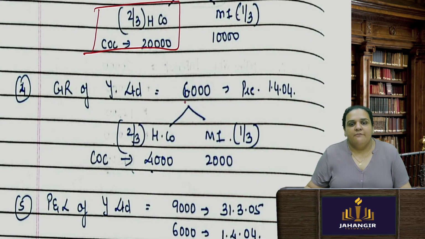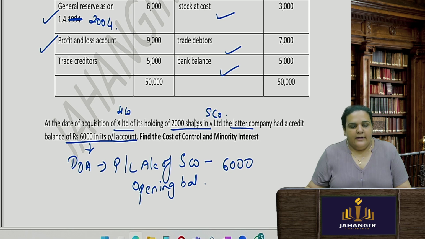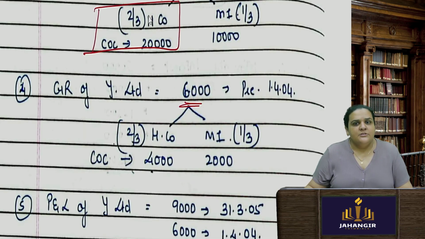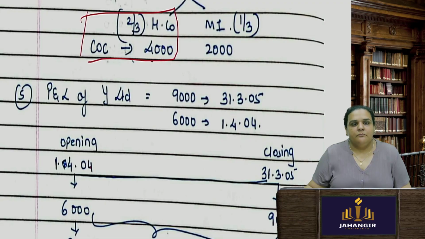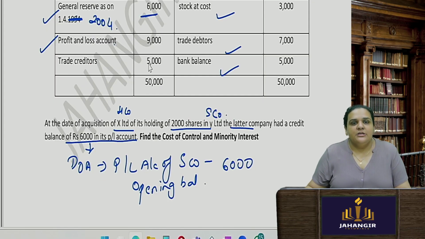General reserve, they have told me that on 1st of April, it is 6,000 in the balance sheet. So it is pre. They have given me the date also. So 6,000, 2/3, 1/3. Cost of control of holding will be 4,000. P&L of Y Limited, if you see in the balance sheet 31st March 2005, it is 9,000, but they opened at 6,000.